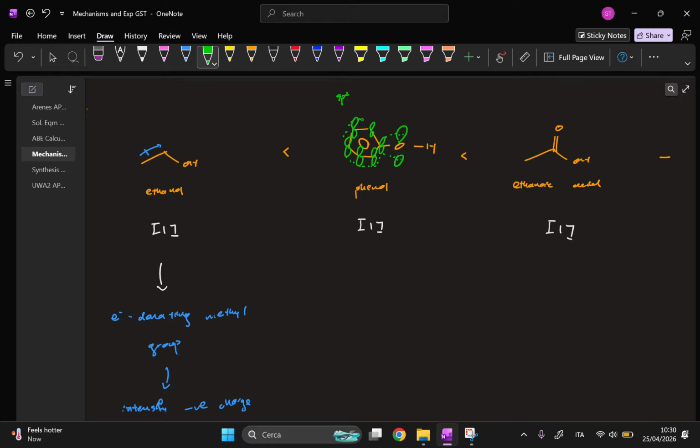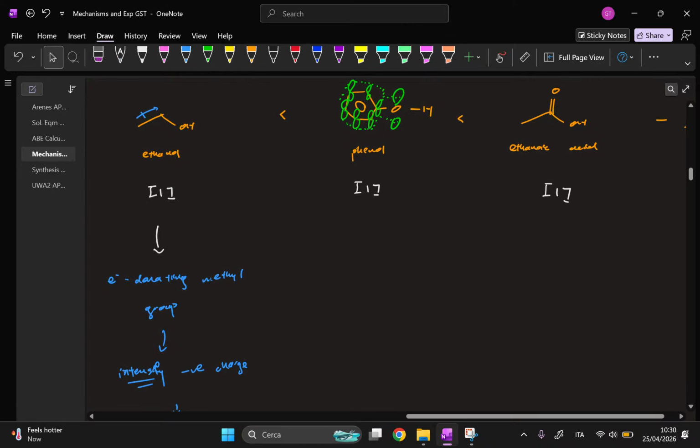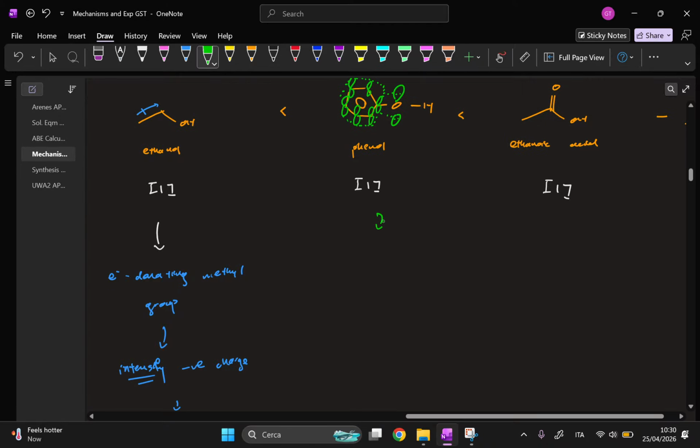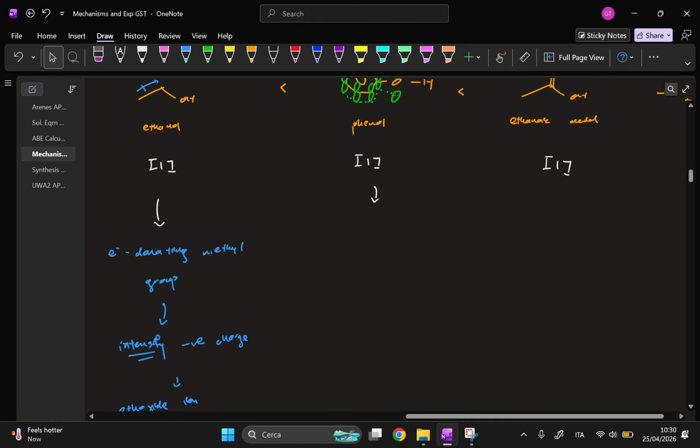Just to emphasize one more time, this is just a rough sketch. Resonance structures are not in your syllabus for H2, so please do not treat this as a guide on how to draw resonance structures. So in a phenol, it's a stronger acid as compared to an alcohol like ethanol because the negative charge on the oxygen atom in the phenoxide ion, you need to state what the conjugate base is.